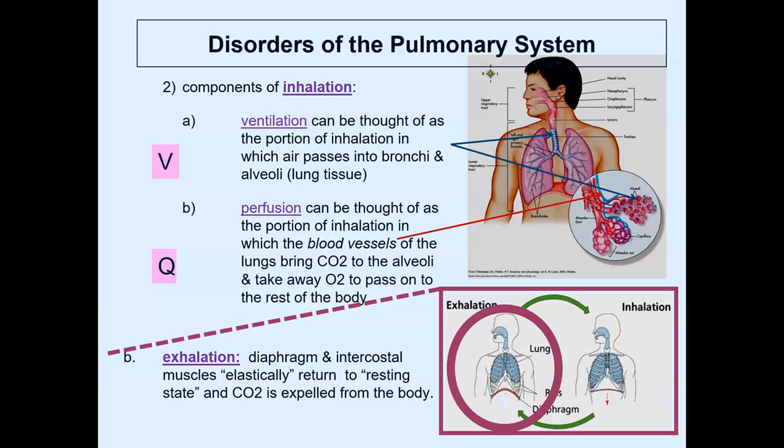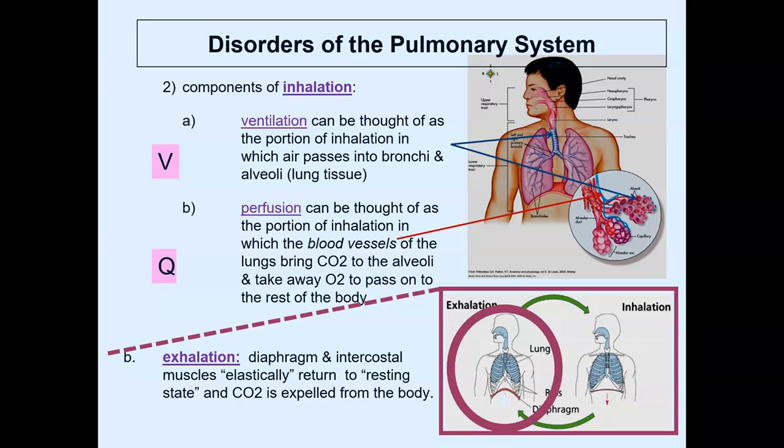But there are really two parts to inhalation. We know that it is not just breathing in air. There has to be the ability of blood to pass through the capillaries within the lungs to make contact with the alveolar space, so that oxygen can diffuse from the alveoli into the blood, and then CO2 can move from the blood into the alveoli and then be expelled out into the air.